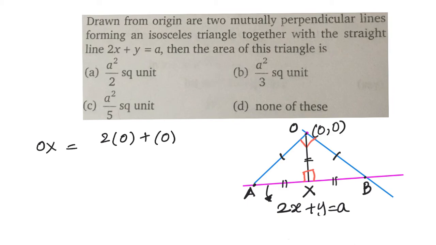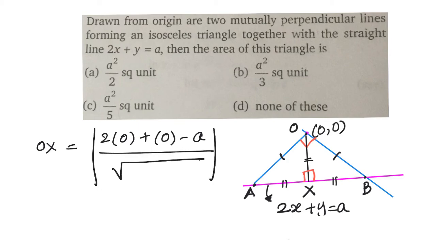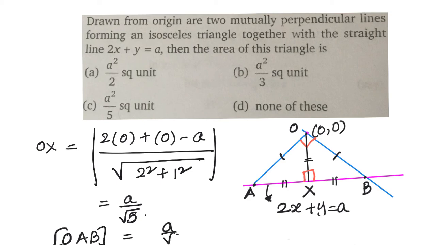So substituting those values into the formula, we get |2 into 0 + 0 minus a| divided by the square root of 2 square plus 1 square, which simplifies to a by root 5. So immediately we know that the area of the triangle is the square of this, which is equal to a square by 5. So the correct option is option C, which gives a square by 5 square units.